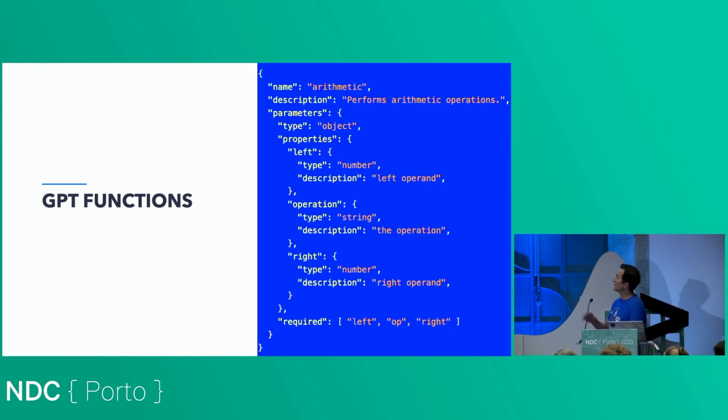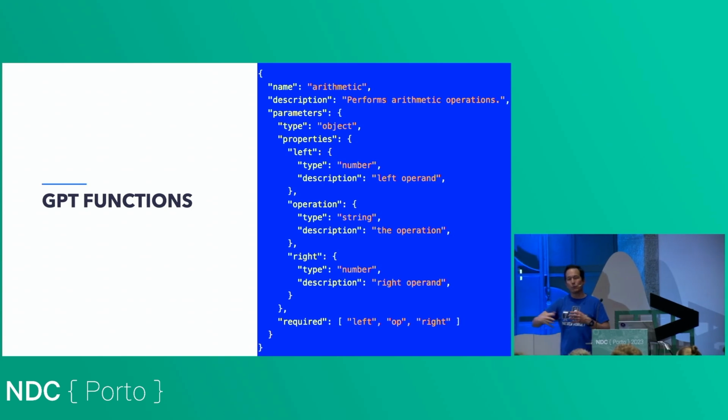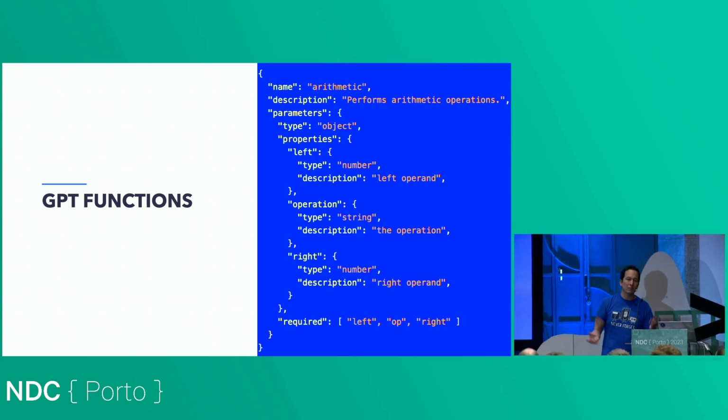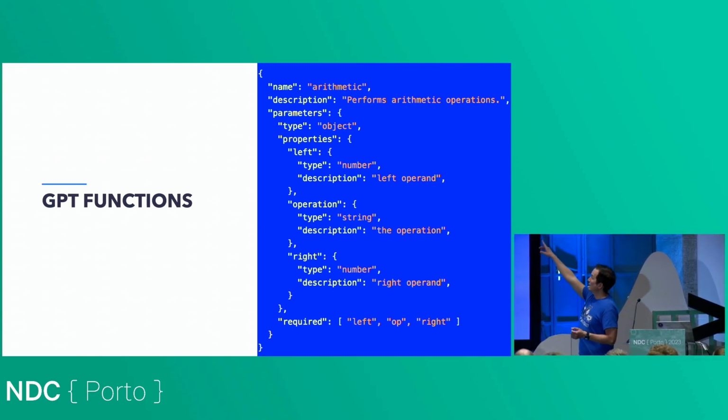So here, this is a lot to look at, but here's an example of a GPT function called arithmetic. The key thing here is the description is the prompt for this function. So it says performs arithmetic operations. So when you prompt it with something like, hey, what is 5 times 5? It hits that prompt, and GPT says, oh, I know what to do.